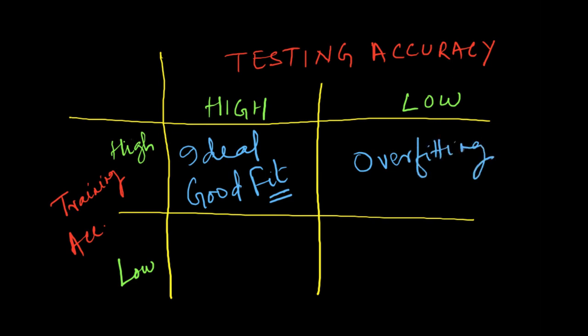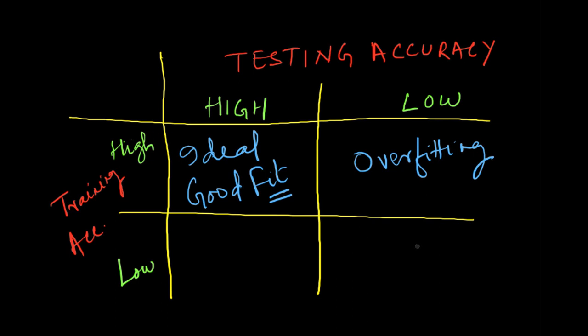Meaning you have fit very, very well to the training data, but you are not able to generalize to the testing data. So this is a case of very high variance in your learning process. It may also happen that your training accuracy is low and your testing accuracy is also low.